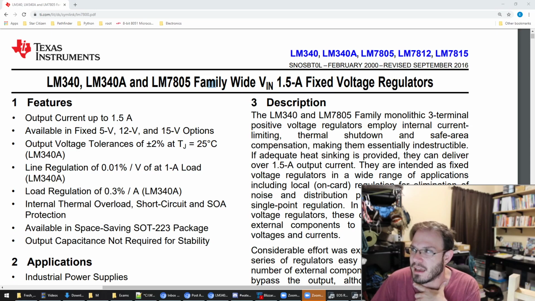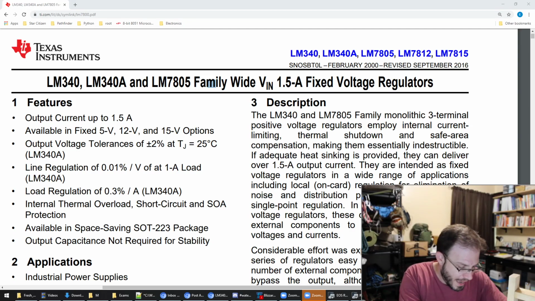That's maybe if I only have a 2.5 volt drop across my regulator and I have a very large heatsink, sure, you can get up to 1.5 amps. But my point is, don't think just because the datasheet says 1.5 amps that I can put 1.5 amps when I have a 30 volt drop across my 7805. So let's go ahead and look at this.